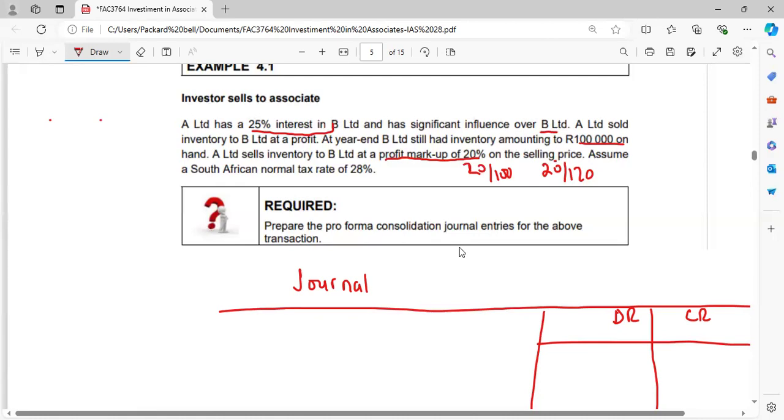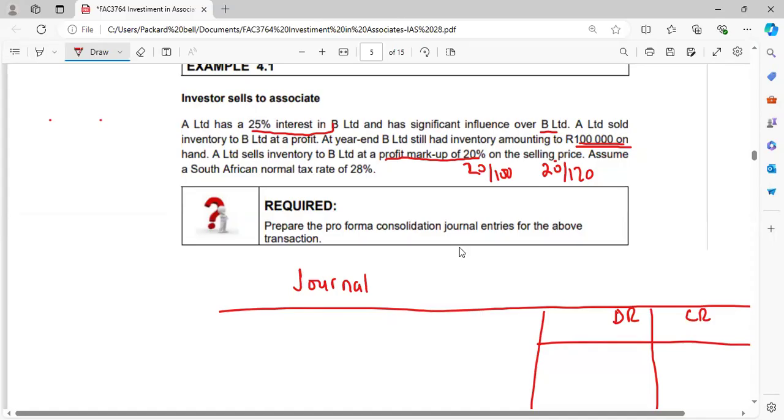So in this inventory there is unrealized profit. Remember in International Financial Reporting Standard 10, we say if there is an intra-group transaction and the inventory is still in the hands of one member of the group, the profit is not yet realized.